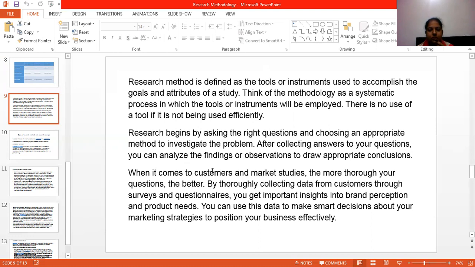When it comes to customer and market studies, the more thorough your questions, the better. By thoroughly collecting data from customers through surveys and questionnaires, you get important insights into brand perceptions and product needs.